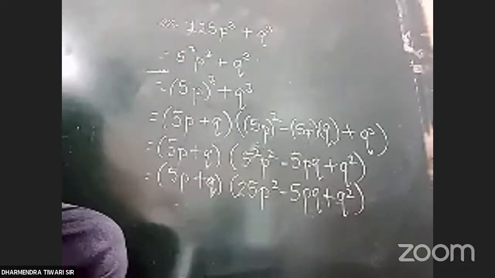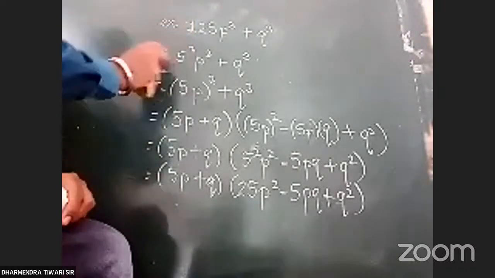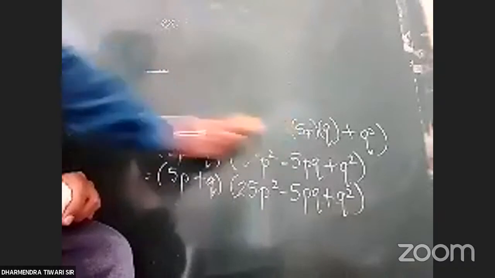Hope you have copied this. The next problem is 125k cube plus 27m cubed.